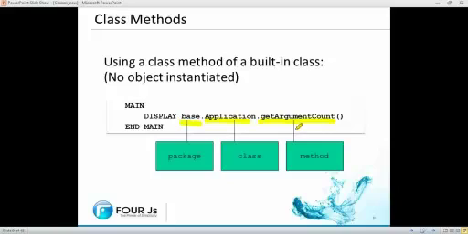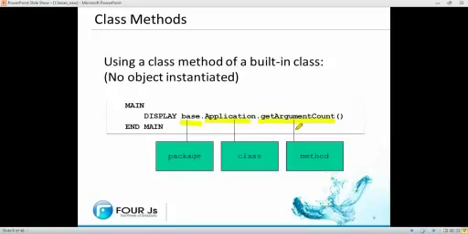We don't have to use a special method to get a reference to a particular object to be able to use the class method. We just use it right off the bat, right? No special programming required. So this example of a class method is just showing you the getArgumentCount method, which is very much like a function that's used to go out and get a count of the arguments for the current application. So that's an example of a class method.